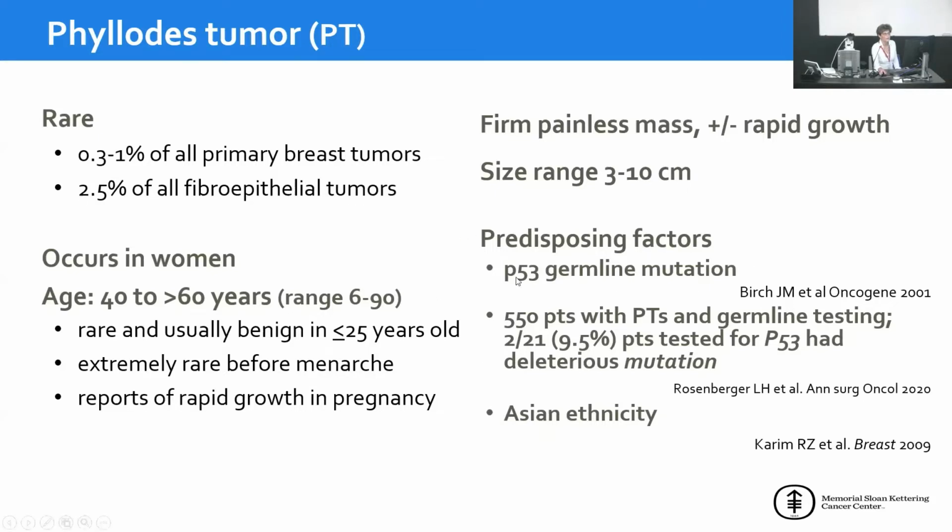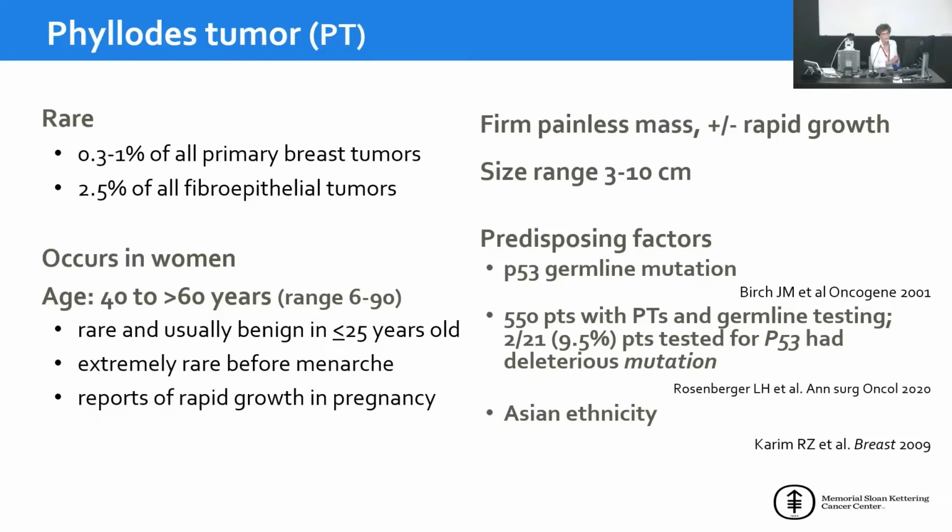Here is a study of 550 patients that had Phyllodes tumor, and they had germline testing for other reasons sometimes. There were 21 patients that were tested for P53, and 2 of these had a deleterious P53 mutation. So 9.5% of these 21 patients had Li-Fraumeni syndrome. As I said, we don't have the full extent of this information.